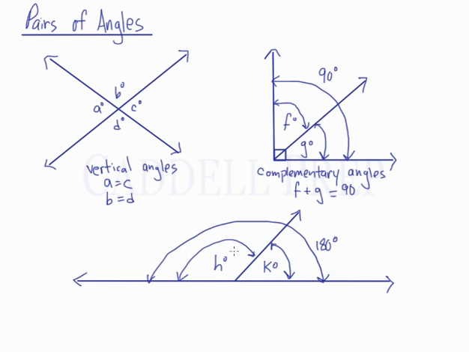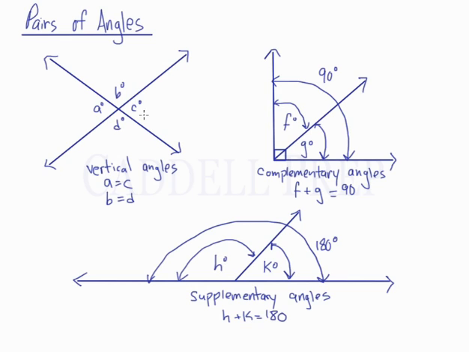So whatever H is and whatever K is, the sum of them, H plus K, has to equal 180 degrees. This pair of angles is known as supplementary angles. So H plus K equals 180.